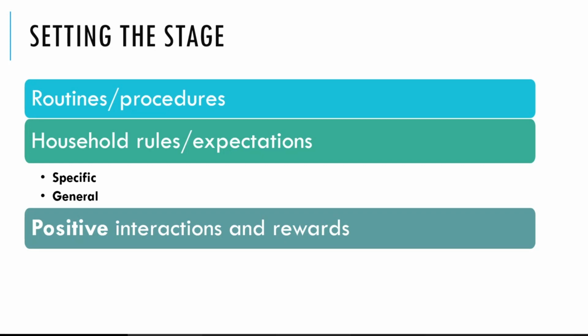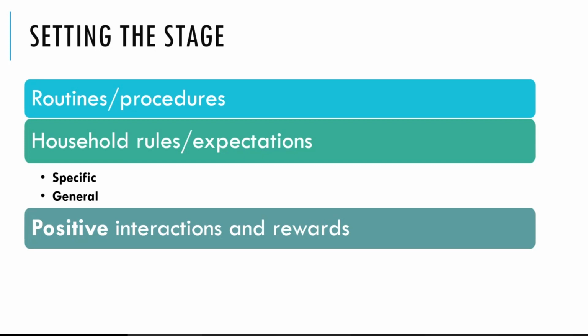So when we talk about the specific rules, those are the ones that we teach them. If they are posted or taught in the house, you may want to write them down and hang them on the fridge. These are things that are specific to your house.